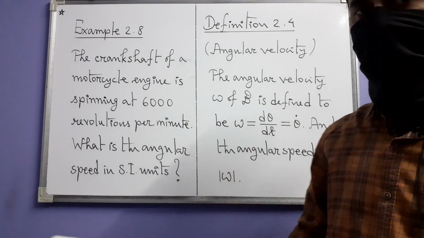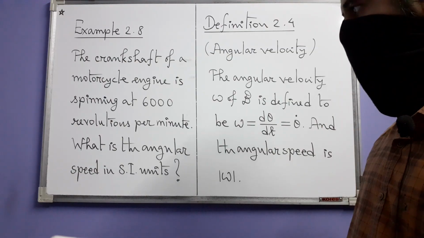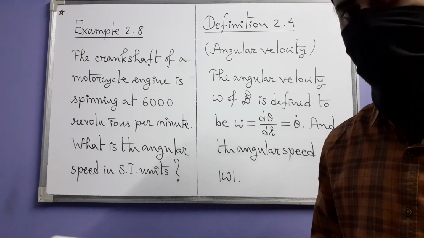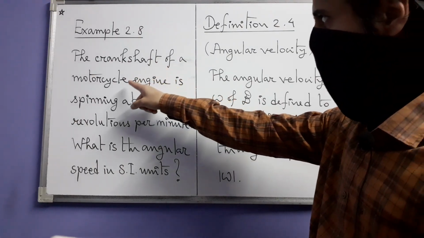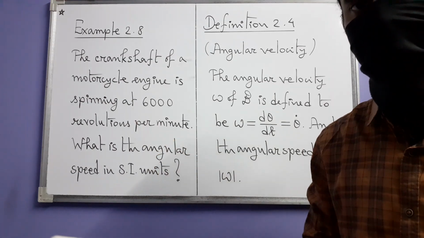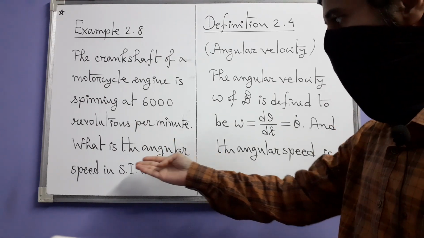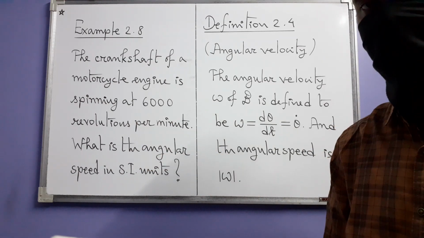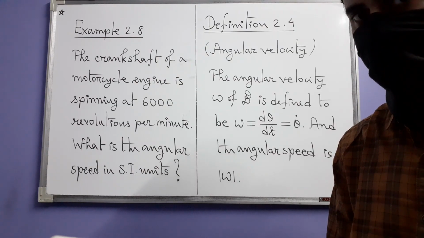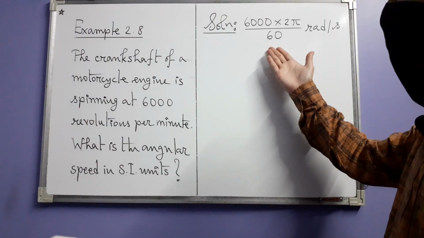Next we have this example 2.8, where there is nothing to do, you just have to convert units. The crankshaft of a motorcycle engine is spinning at 6,000 revolutions per minute. We have to say what the angular speed is in SI units. SI units means in radians per second. And the answer obviously is this.